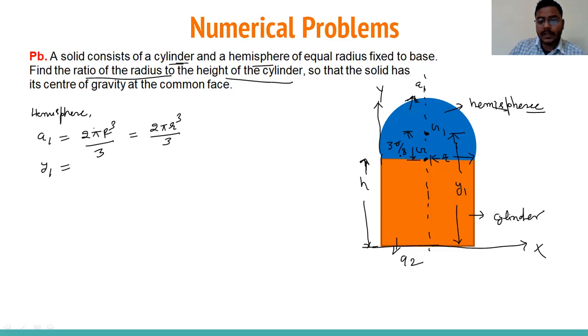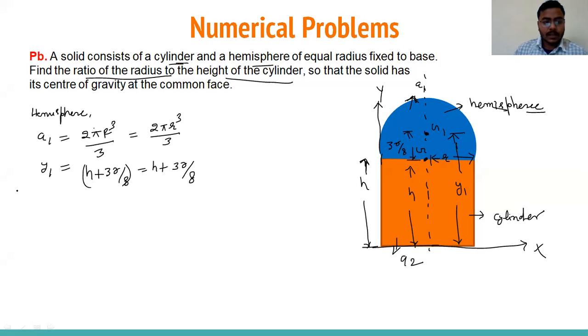So up to here it is 3r by 8, and this total is h. So it will come h plus 3r by 8, right? h plus 3r by 8. Okay, so now we have the y1.